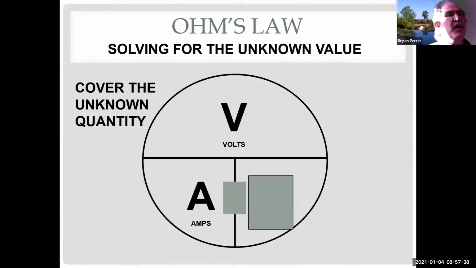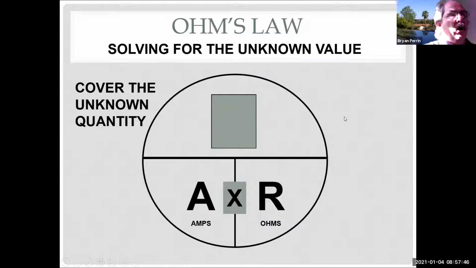I can also take volts divided by amps to give me the resistance. Or I could take amps times resistance, which gives me the voltage. This last one, amps times resistance equals voltage, is what allows me to use voltage to find resistance in an electrical circuit.